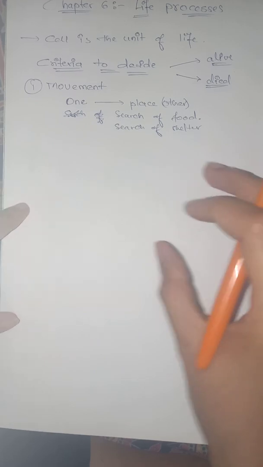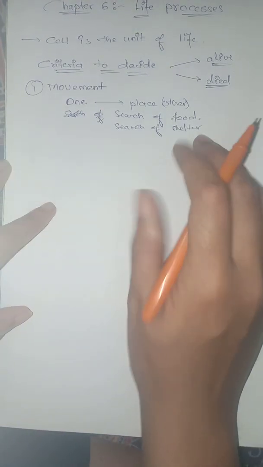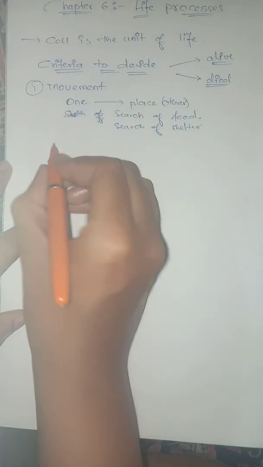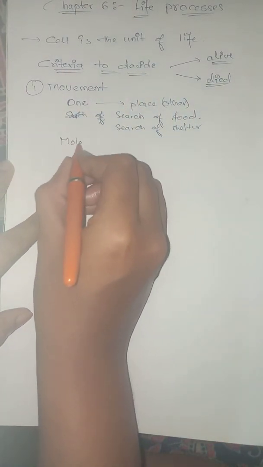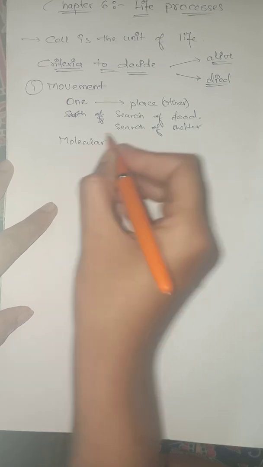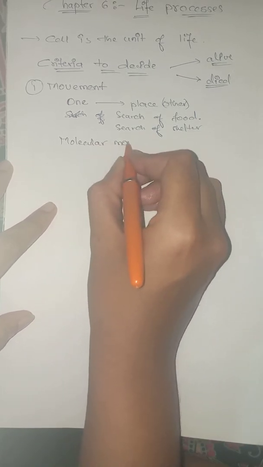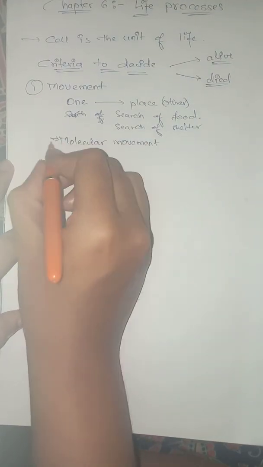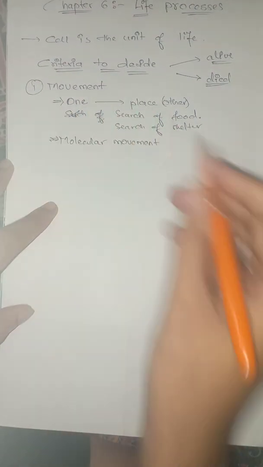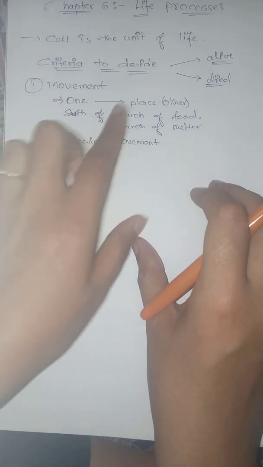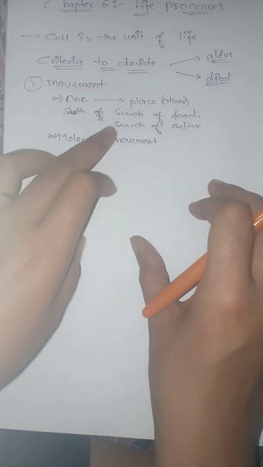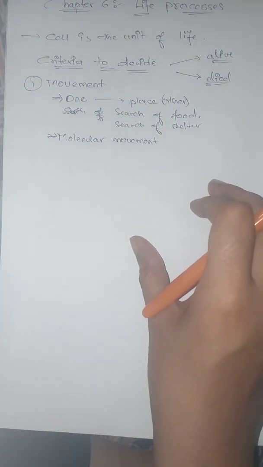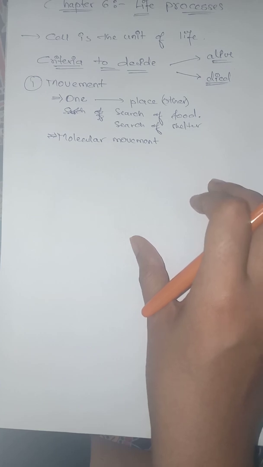This movement is not only limited to one person moving from one place to another in search of food or shelter, or to keep themselves safe and protected. It also includes the molecular movement inside a person.